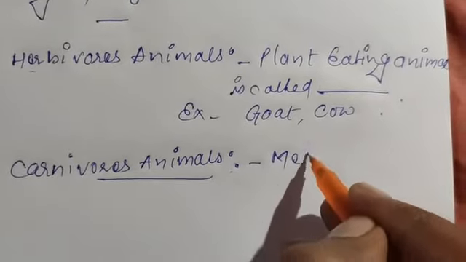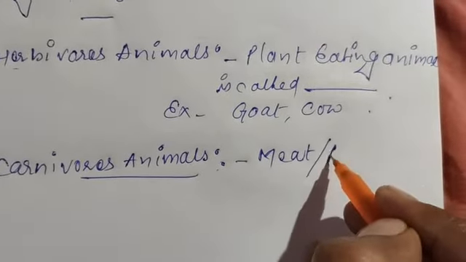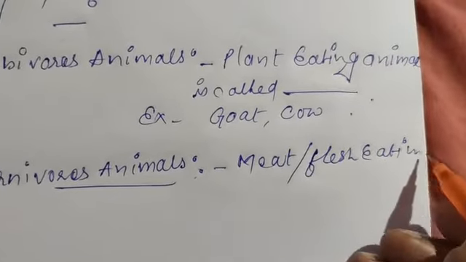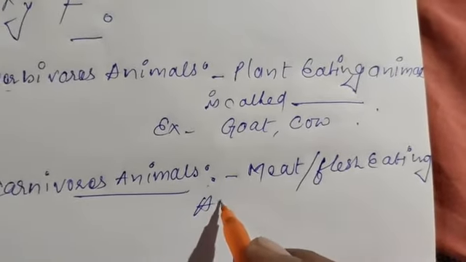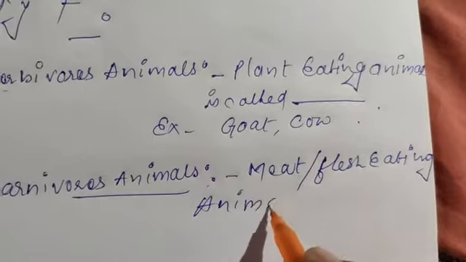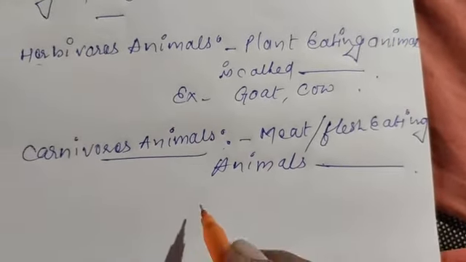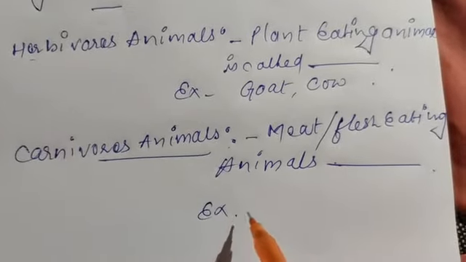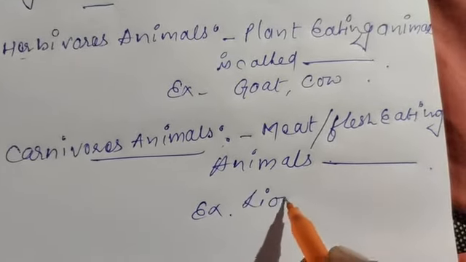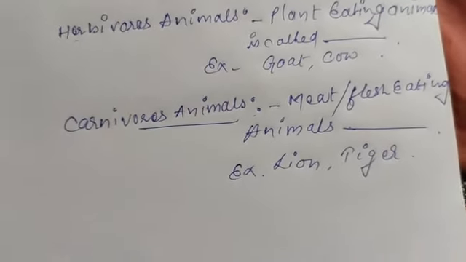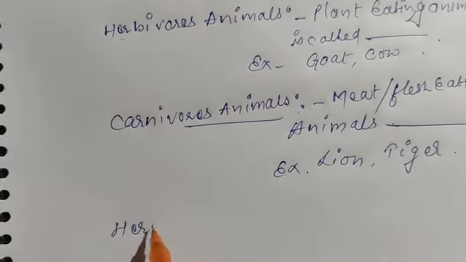Meat or flesh eating animals are called carnivorous animals. Examples: lion, tiger.